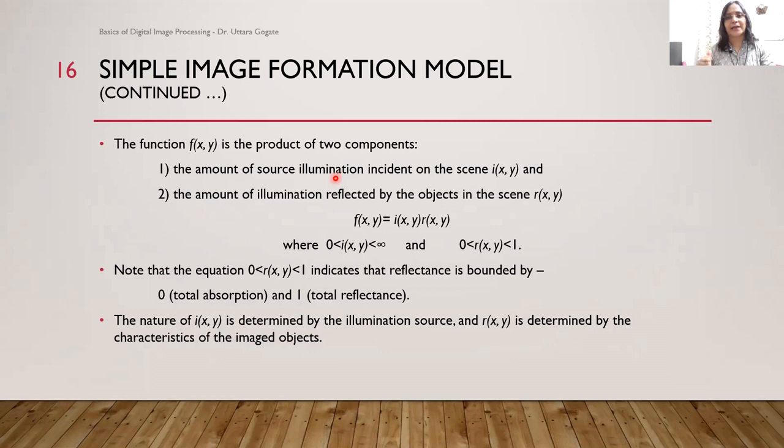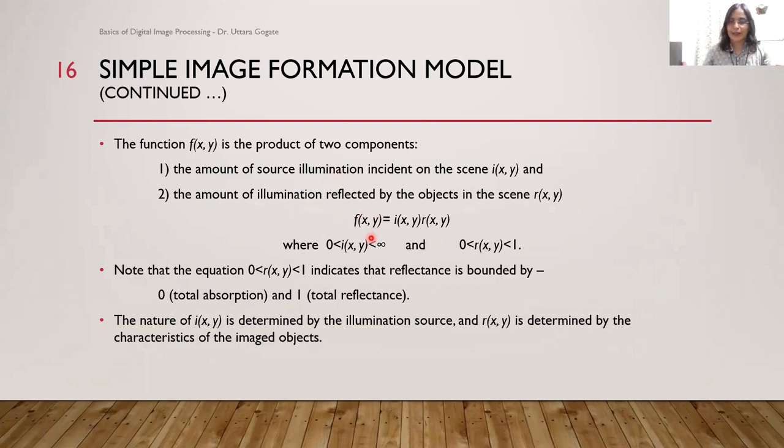Many times it is termed as white color. So two extremes in any grayscale: total black and total white, and all the grayscales in between. Total black indicates full illumination is absorbed, and white indicates full light is reflected. Total reflection 1, total absorption 0.